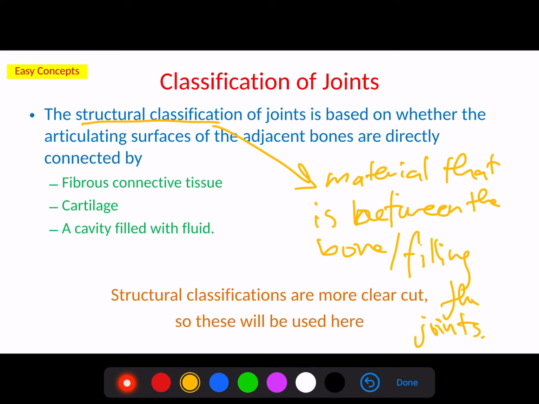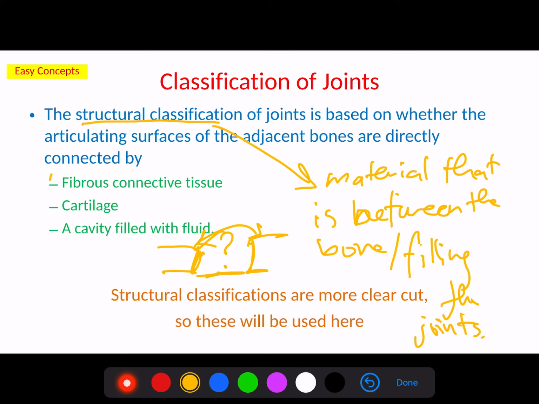So whether there is really a space between the two bones or not. If there is a space between the bones, what type of material is filling this space, and whether this space allows the two bones to come together or there will be a gap between them.